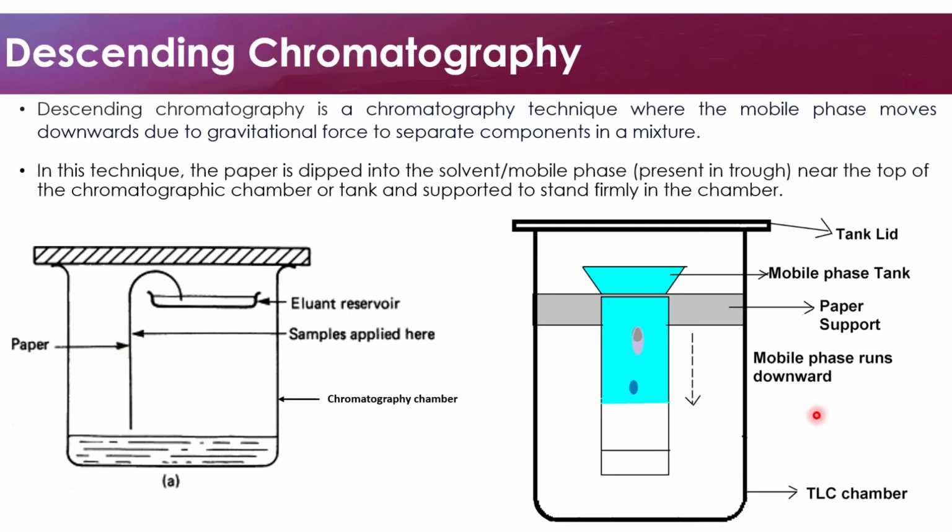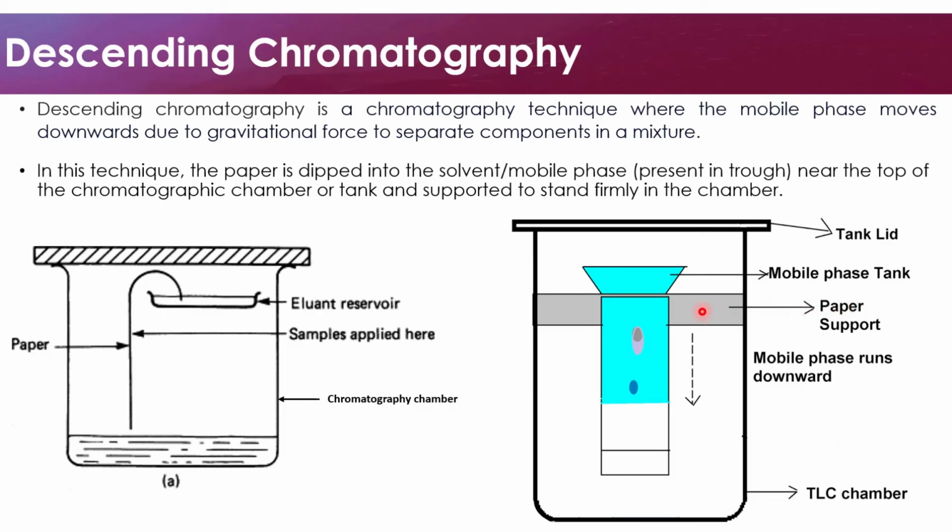The second diagram or setup over here also explains the same thing, where this happens to be our chromatographic chamber, this is the mobile phase tank, this is the lid of the chromatographic chamber, this is our stationary phase, and this is our mobile phase. So what happens is that we spot our analyte over here and support our stationary phase with a paper support.